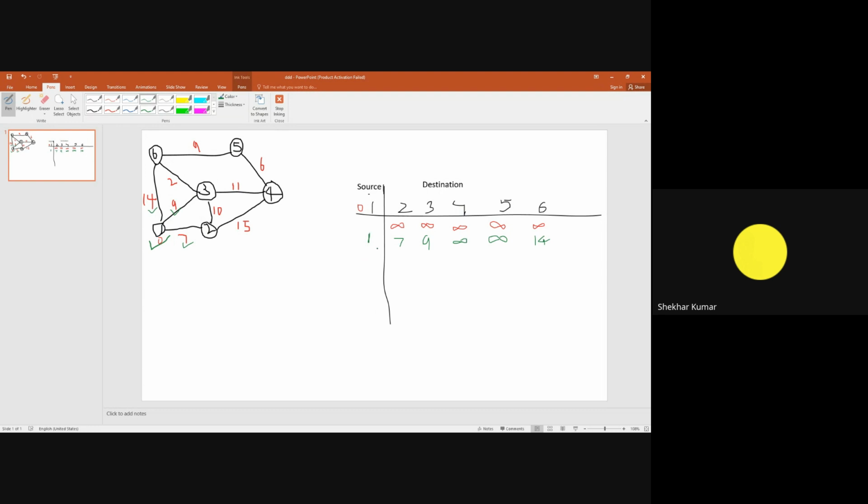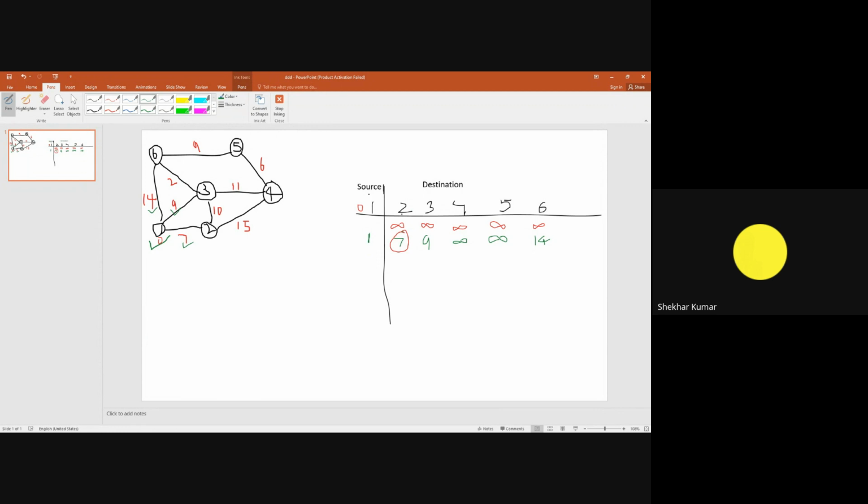Then I will select the minimum node. I will check the minimum cost among all the 5 destinations. The minimum value is 7. So the cost of this destination is 7, and the destination is 2.